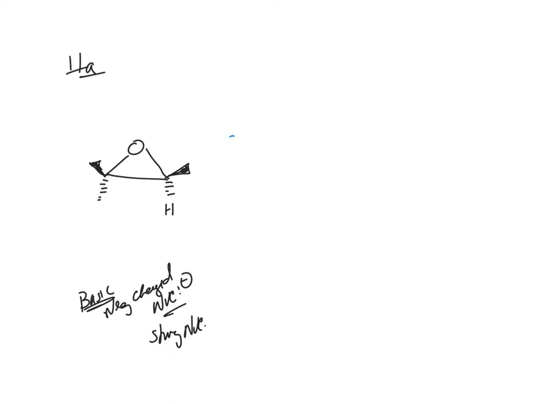So here we have an alkoxide, and the alkoxide now is going to come in and attack from the least substituted. Do you see that this has one CH3? This has two CH3s.